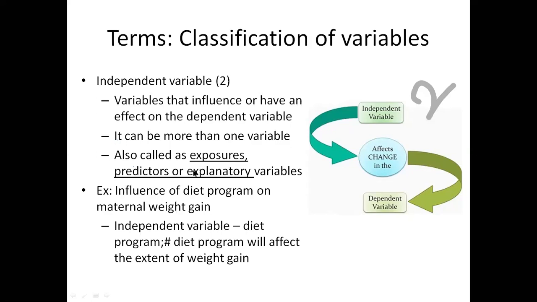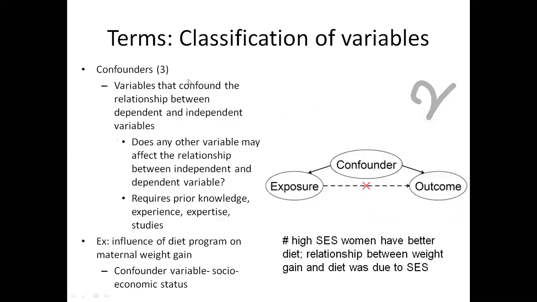So we have two sets. One is called the dependent variable, usually one single variable. We also have independent variables that are known to influence the dependent variable. It may be more than one independent variable. The third set of variables are called confounders.